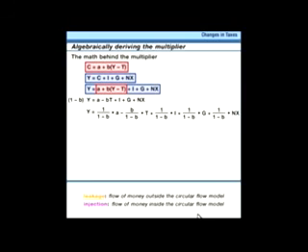I divide both sides of the equation by 1 minus B, and I get Y is equal to 1 over 1 minus B times A, minus B times 1 over 1 minus B times taxes, plus 1 over 1 minus B times business spending, plus 1 over 1 minus B times government spending, plus 1 over 1 minus B times net exports. This is the formula for macroeconomic equilibrium right here.